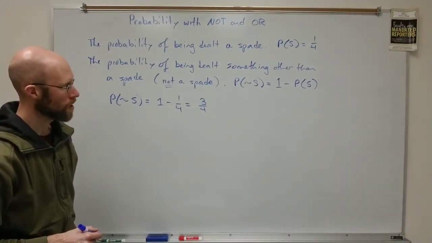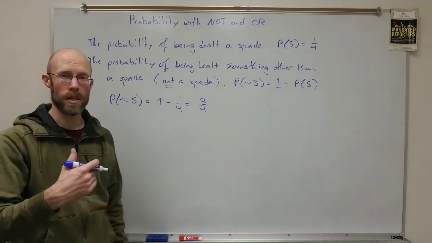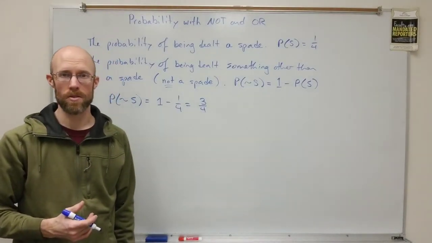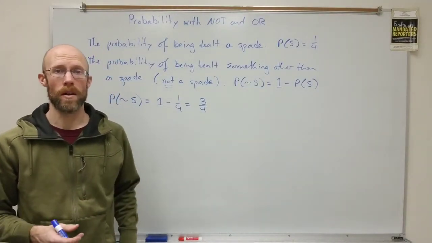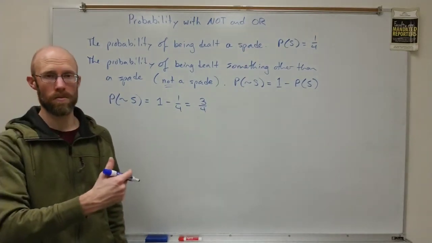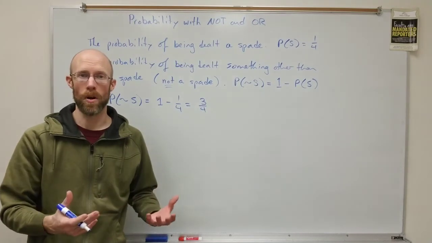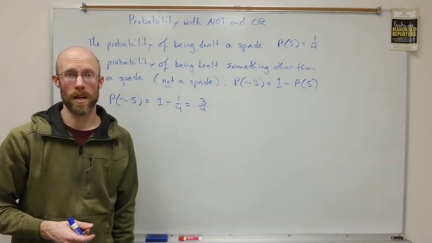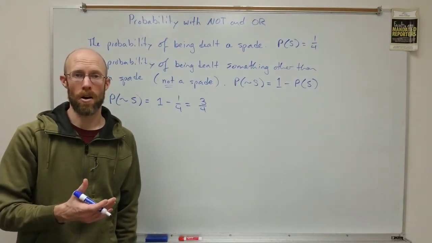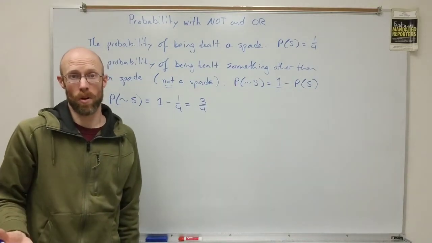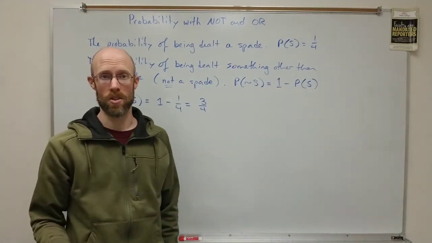Now, if you take the probability of all the individual events taking place, they should all add up to 1, right? So the probability of all the individual suits occurring add up to 1. So the probability that I would get a spade, club, heart, or diamond is 1. I'm going to get one of those 4, right? It's a certainty.